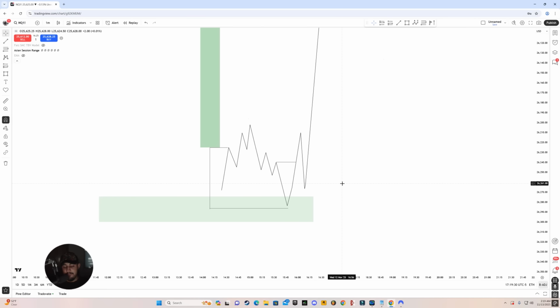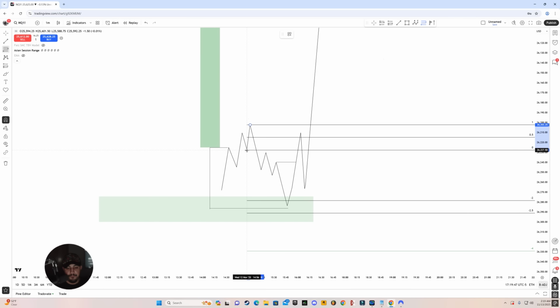But I'm going to give you a little sauce that's going to help you identify the manipulation moves with insane accuracy, all right? So even though you can use the fair value gap by itself to confirm that the manipulation has ended here, if you use the standard deviation tool, right, from the last manipulation leg.